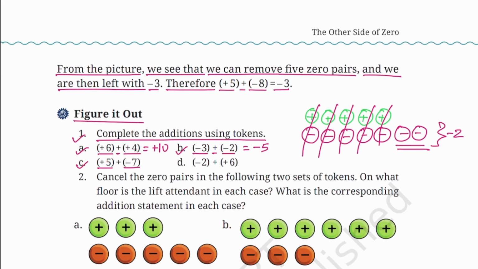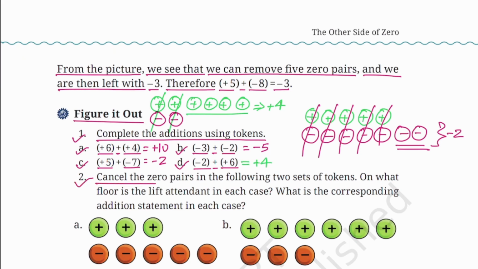The answer is -2. D: -2 plus 6. -2, that means 2 red tokens, and plus 6, that means 6 green tokens. These tokens will form 0 pairs and 4 green tokens will remain. That means the answer is +4.